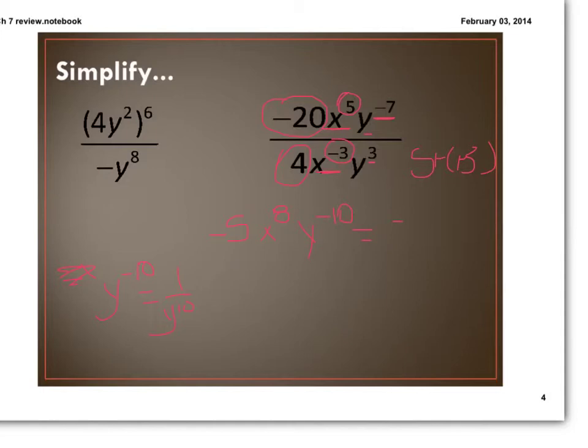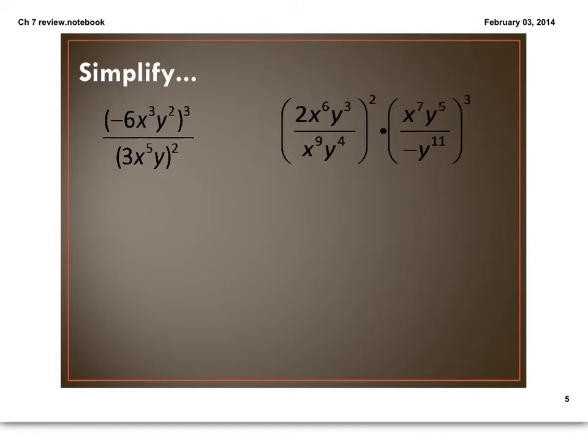So then my final answer becomes 5x to the 8th over y to the 10th, because again, this negative means I want to put y in the denominator. Y to the negative 10 is the same thing as y to the negative 10 over 1. So then I change it to its reciprocal, which is 1 over y to the 10th.